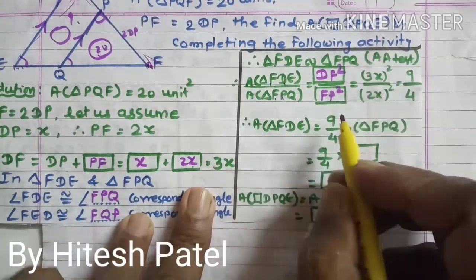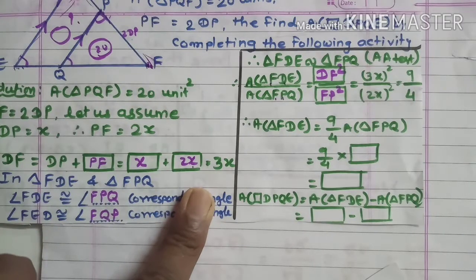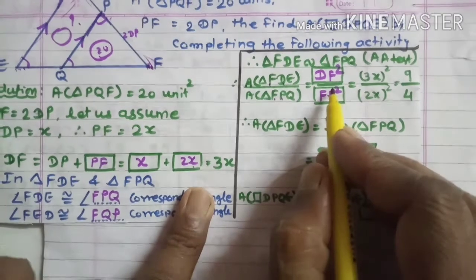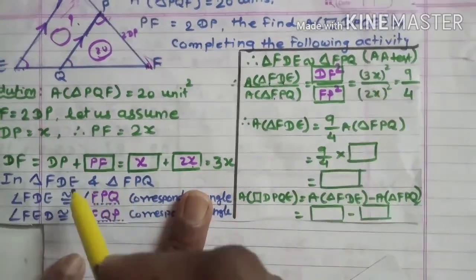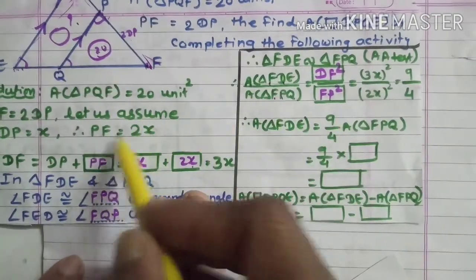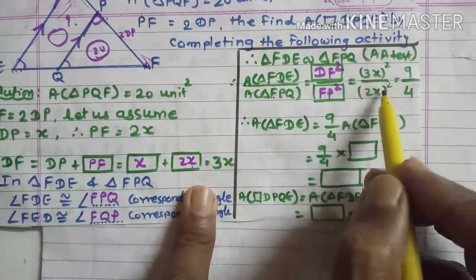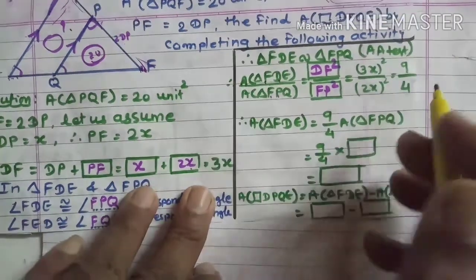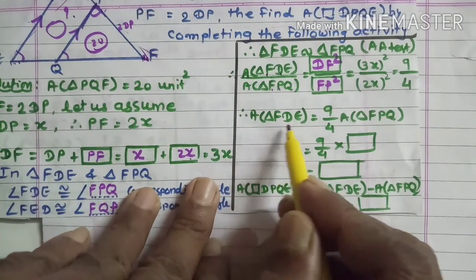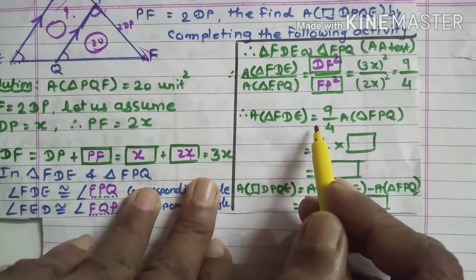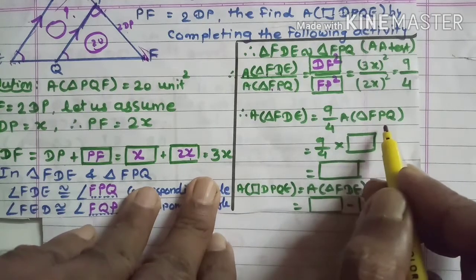Okay, by the theorem of areas of two similar triangles, we have length of DF is equal to 3x square, FP is equal to 2x square. So x square will get cancelled. Square of 3 is 9, square of 2 is 4. Okay, then area of triangle FDE is equal to 9 upon 4 into area of triangle FPQ.